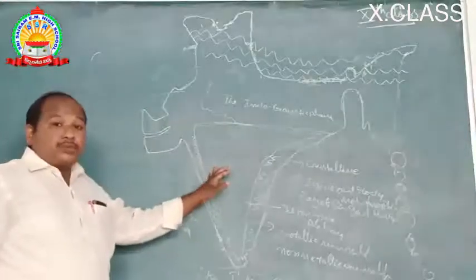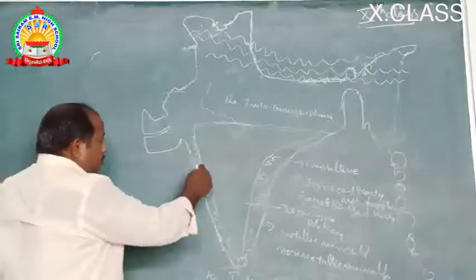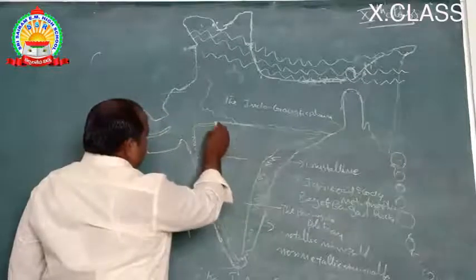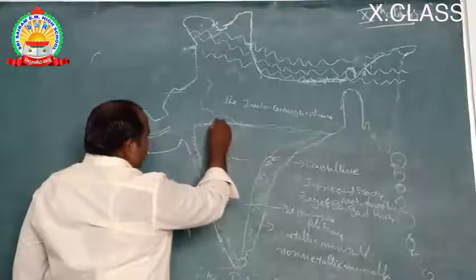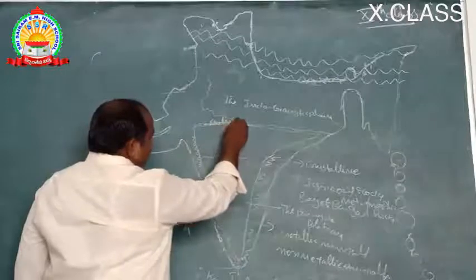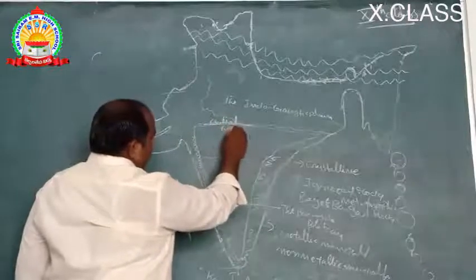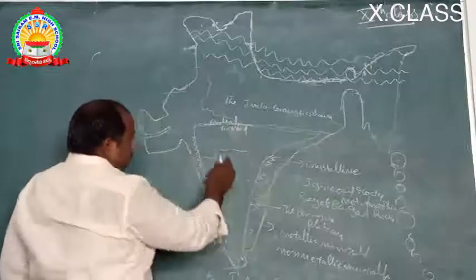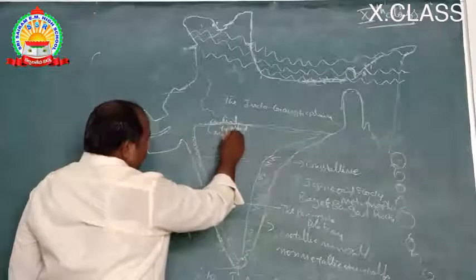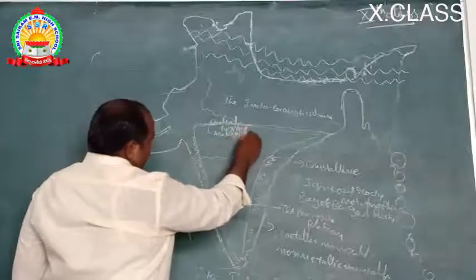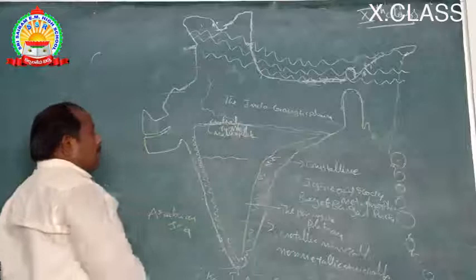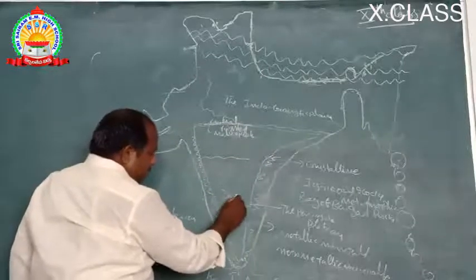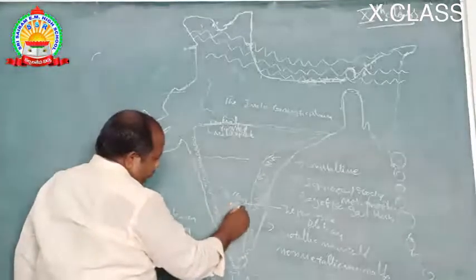This plateau is divided into two plateaus. One is the central highland, known as the Malwa Plateau, and to the south is the Deccan Plateau.